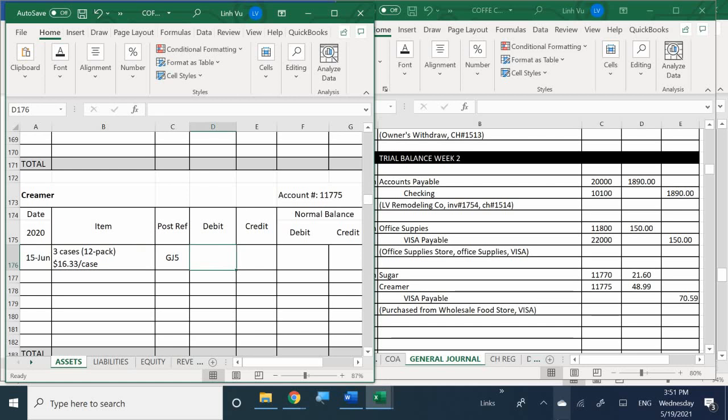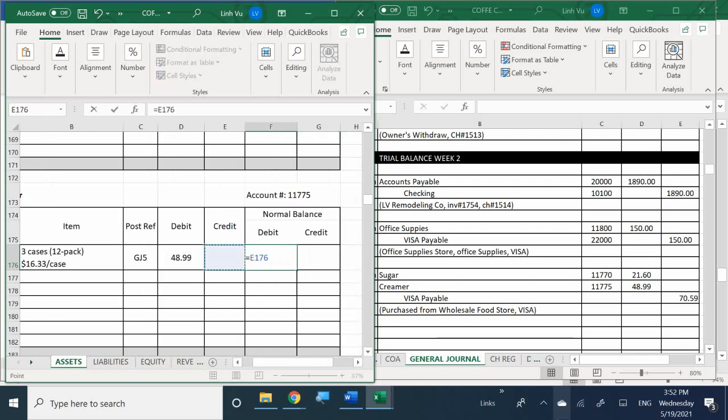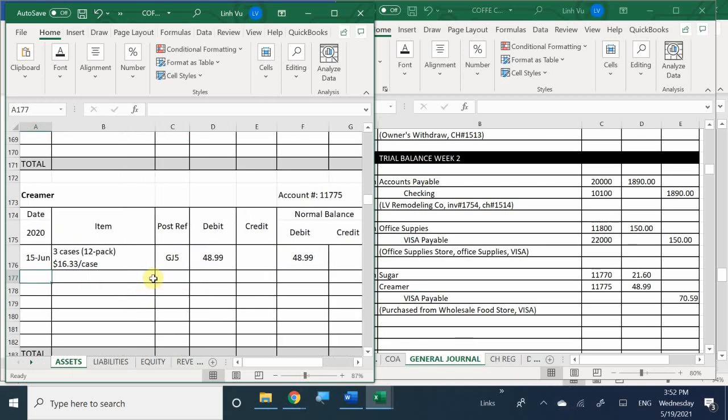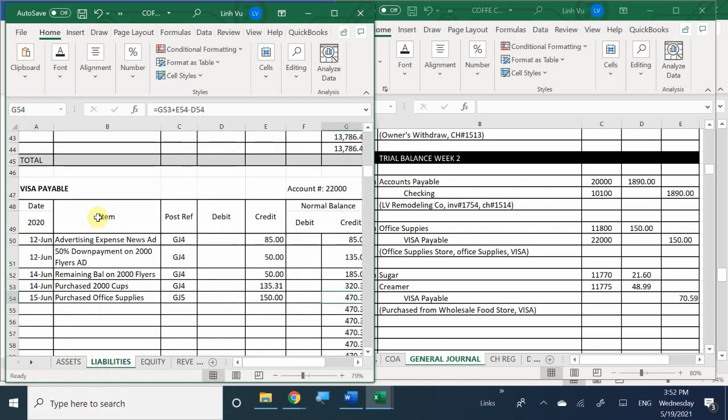And debit for $48.99. $48.99. And then on to liabilities for Visa payable.